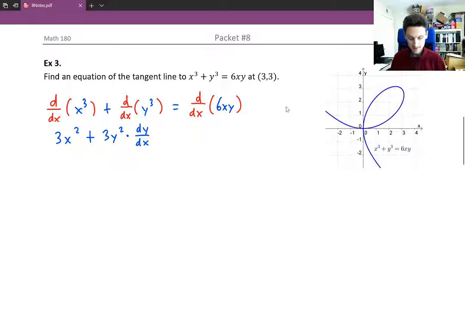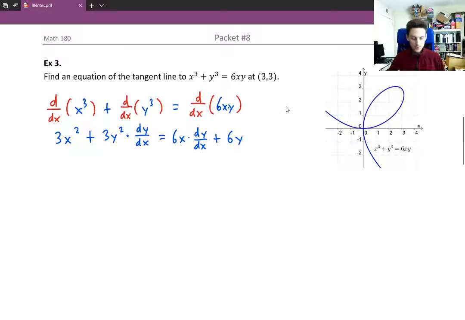That's dy/dx. Now on the right side, we have 6x times y. That times tells you that we have a product here, the product of 6x and y. So we're going to use the product rule. We'll have first times derivative of second with respect to x, so dy/dx, plus the derivative of the first times the second.